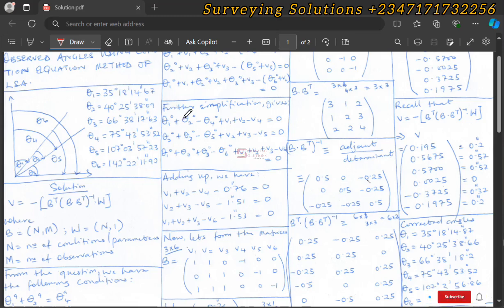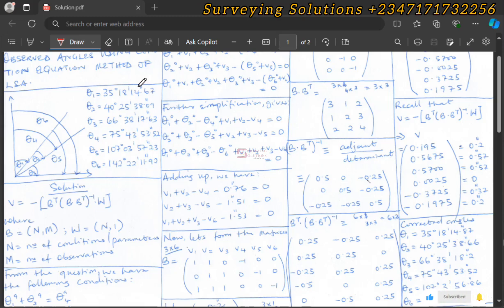So that simply means that's why you need your pen and your calculator by you now, so that you can actually start pressing your calculator, which is very, very important, extremely important. So we now have to say theta 1, which is 35 degrees 18 minutes 14.67 seconds, plus theta 2, which is 40 degrees 25 minutes 38.09 seconds, right?